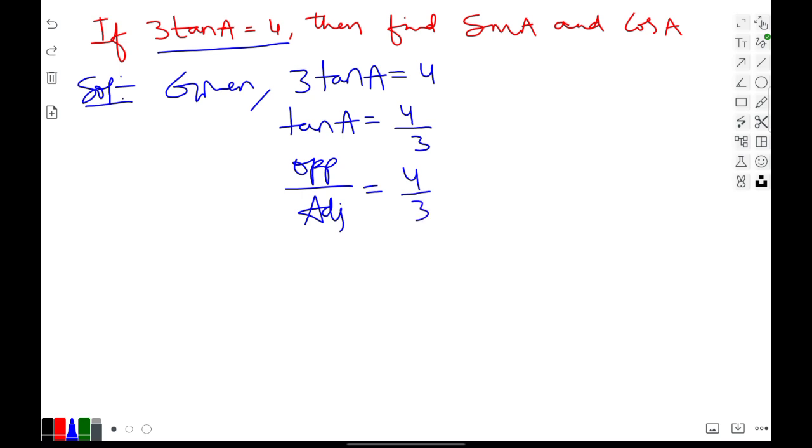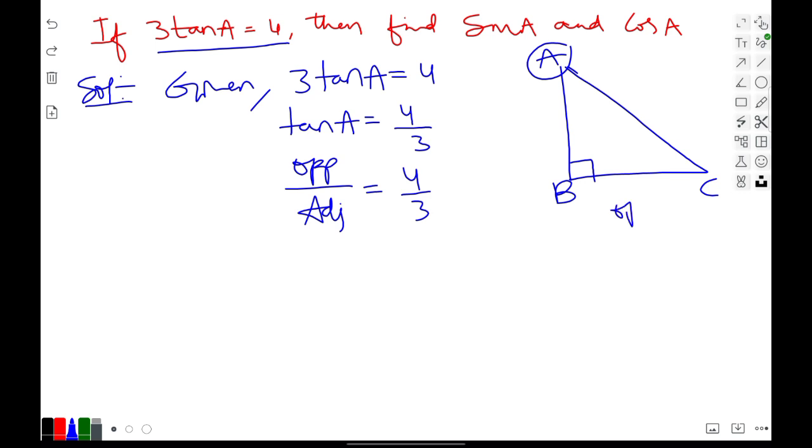So now let's draw the right angle triangle. You need to draw the right angle triangle for this type of sums. Here you need to remember one thing. I have marked A on one of the two vertices other than the right angle. So this is opposite and this is adjacent, and this is the hypotenuse.